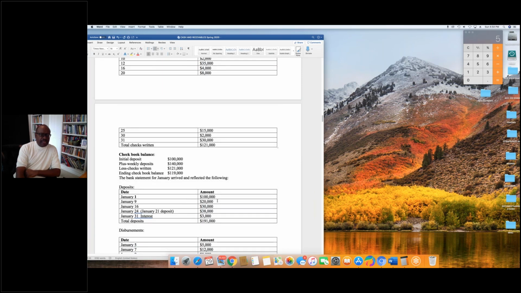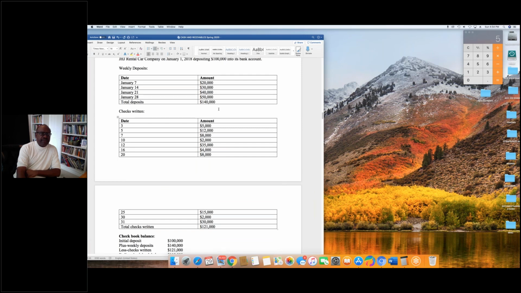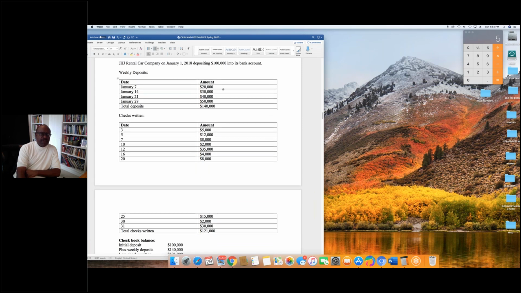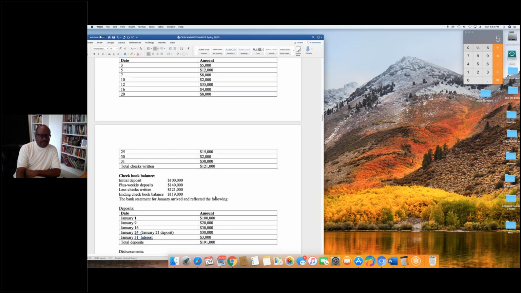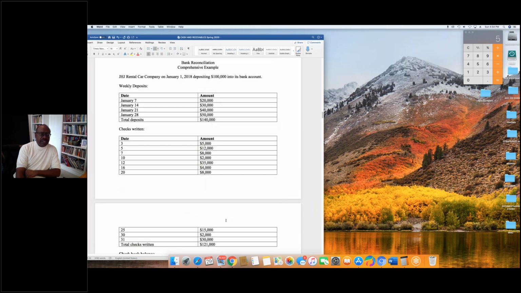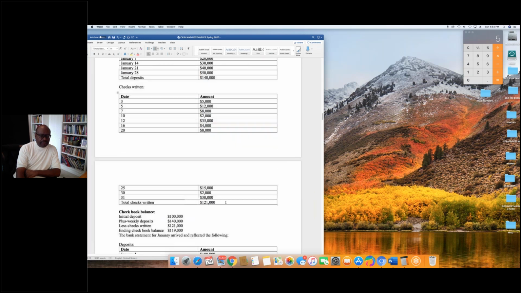It shows deposits of $100,000, 20, 30, 38, for a total of $191. So when we check, there was that initial deposit of 100, then 20, 30, and we showed 40, but the bank showed 38 for that deposit. So there's a discrepancy there that we'll need to look at.